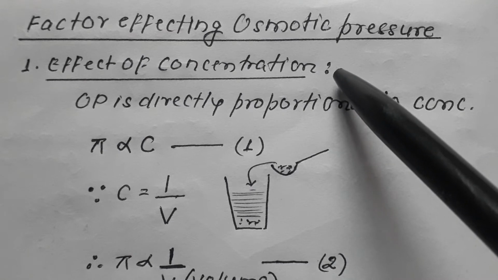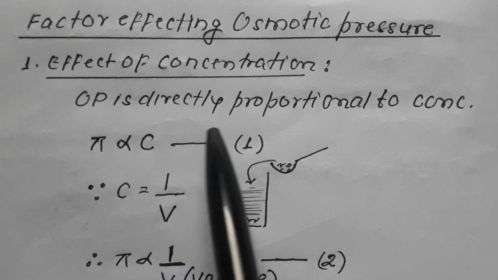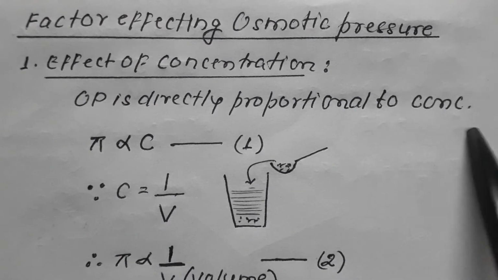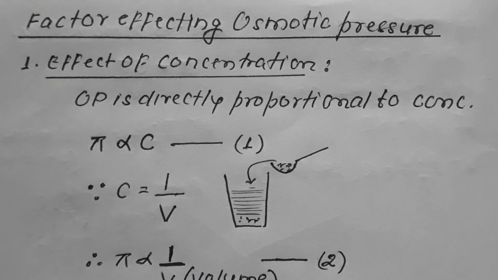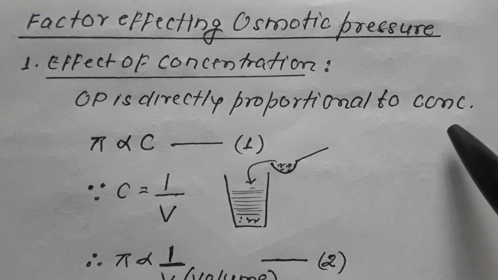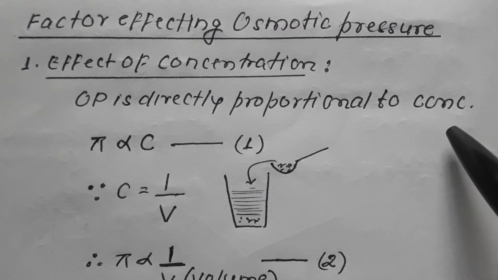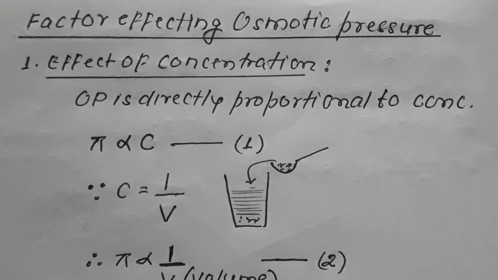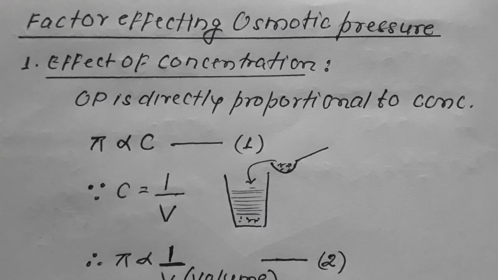Remember that osmotic pressure is directly proportional to the concentration of solution. Higher the concentration of the solution, greater would be its osmotic pressure, that is, pi is directly proportional to C. Say this is equation number 1.